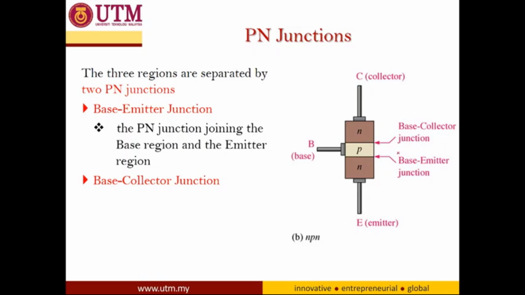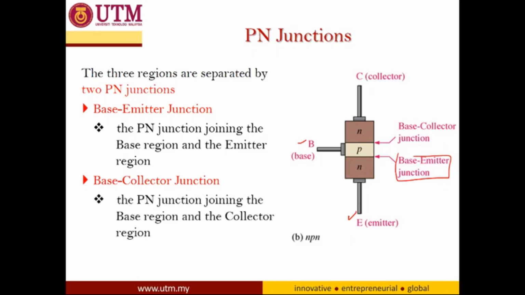For example here, between base and emitter, we have the boundary here. This is the base-emitter junction. And the second one is between the base and collector. So this is the collector, and we have the base-collector junction. The junction is important because it controls the current flow between the N and P regions.